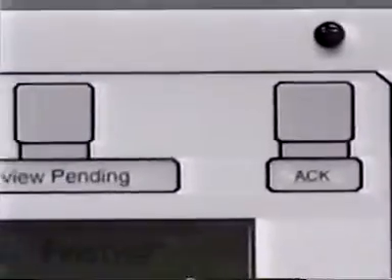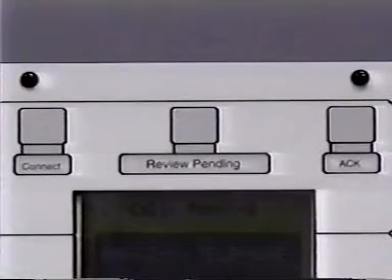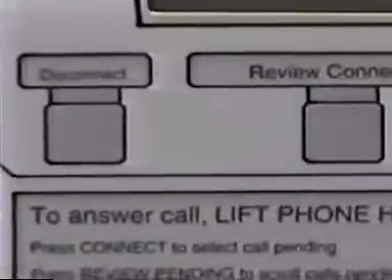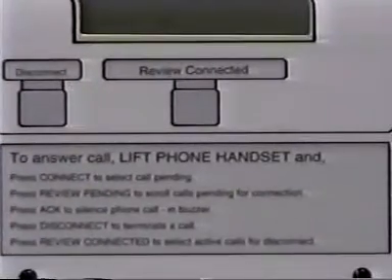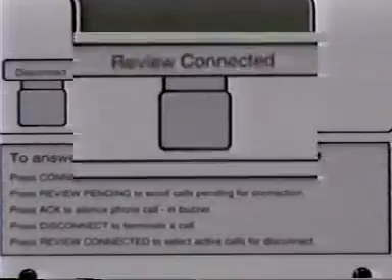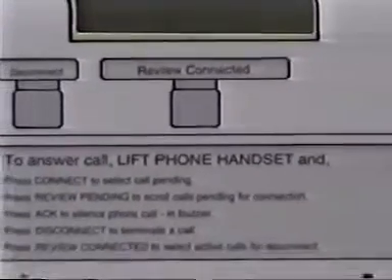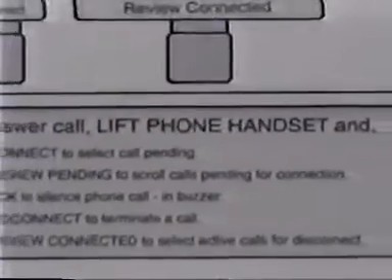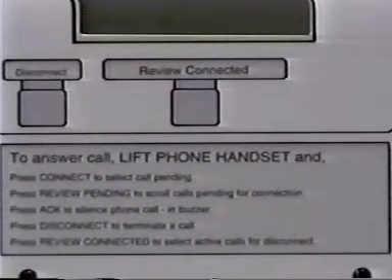The acknowledge switch, which silences the call-in buzzer. The LCD display, which shows the status of the firefighter's telephone system. The disconnect switch, which is used to remove the connected phone. The review connected switch, which scrolls the list of connected calls. And finally, the instruction card, which shows a simple list of operating instructions.